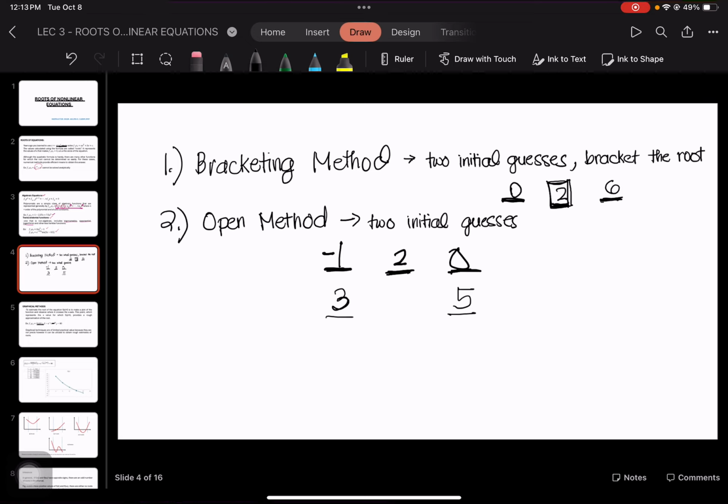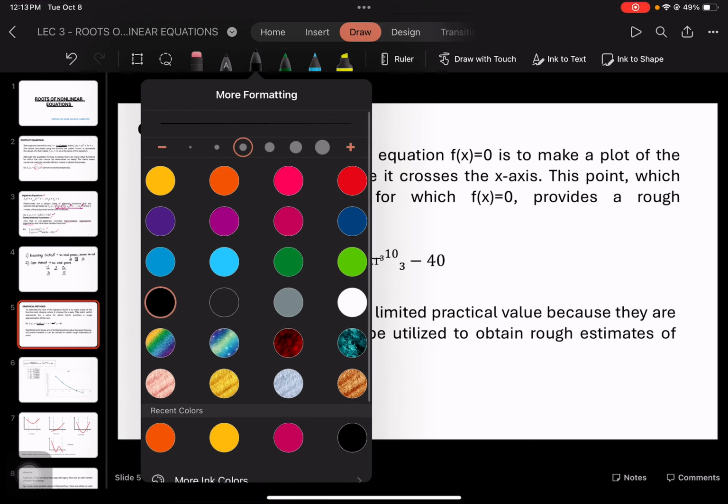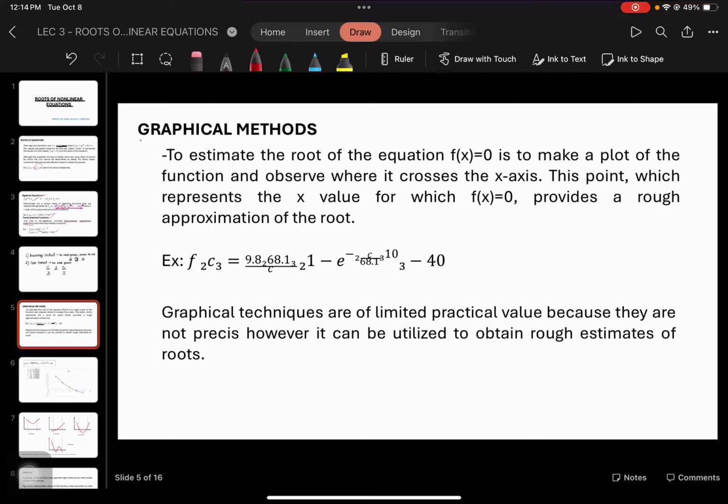But, as a prelude to this method, we must first discuss yung graphical methods. Kasi mas maintindihan natin yung dalawa, yung bracketing and open, if we comprehend these graphical methods. So, sa graphical methods, by the term itself, graphical, kailangan natin mag-graph. I-graph yung nonlinear function na yun.